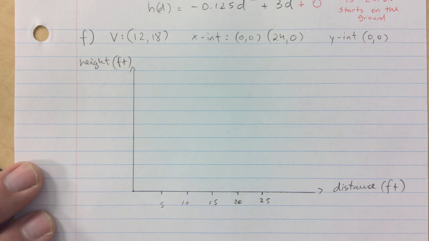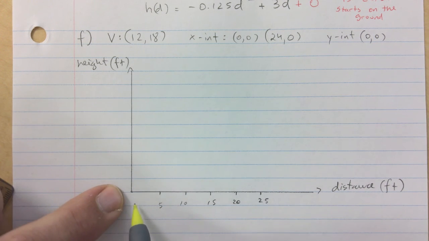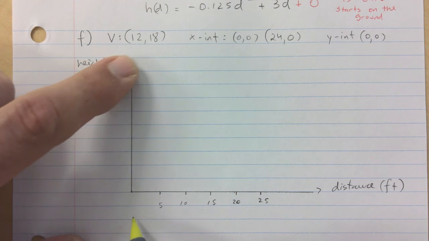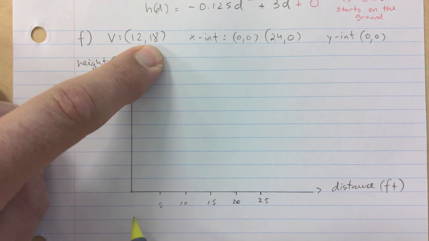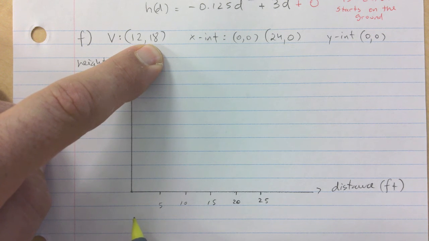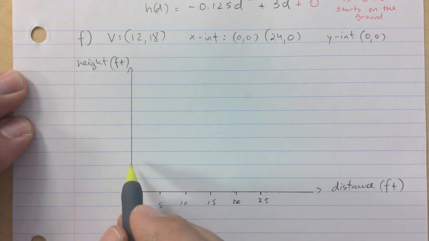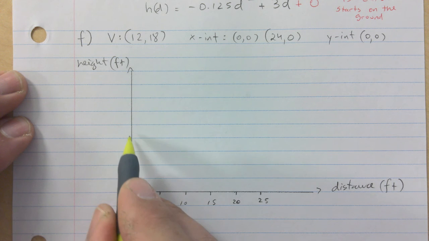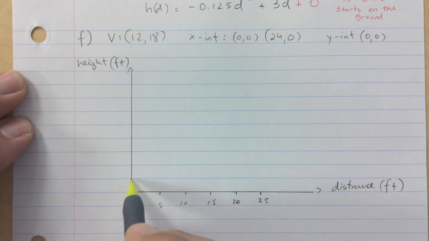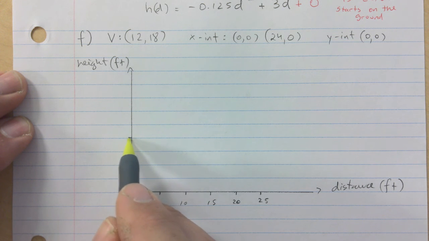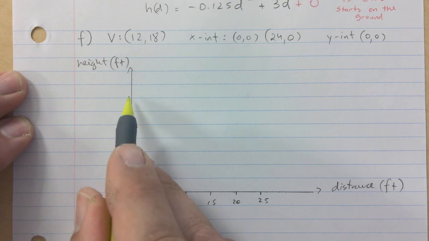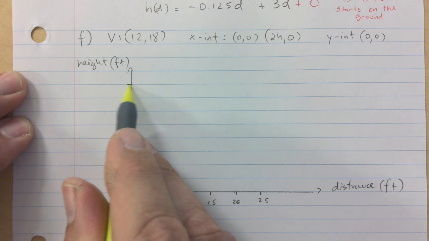Now I will make sure 24 fits on there. In terms of the highest point I'm going to reach, you get it from the vertex, and that's 18 feet. So if you go up to 20, you're good. Since I have a lot of room, I'm going to go 1, 2, 3, 4, make that 10. 1, 2, 3, 4, make that 20.